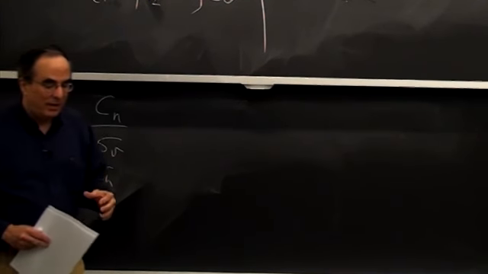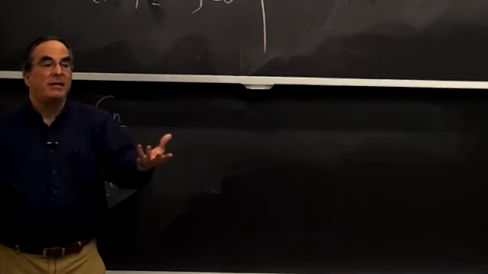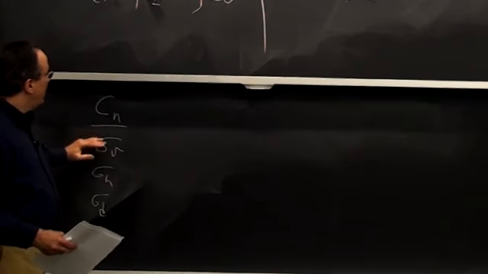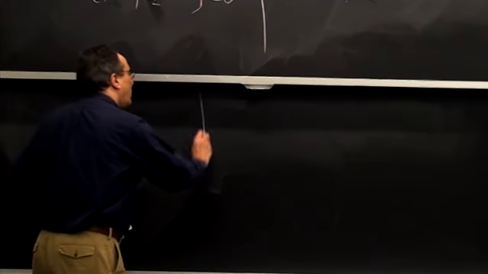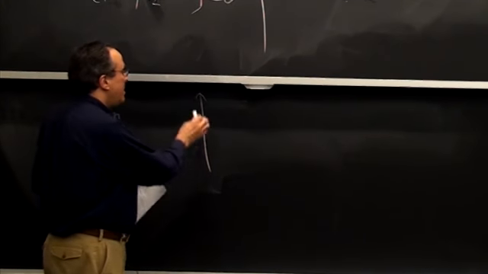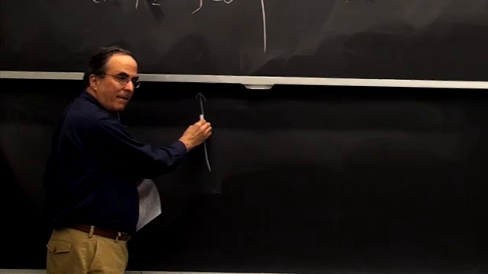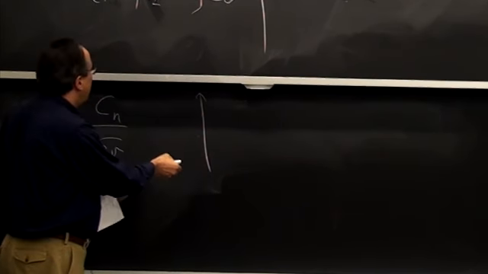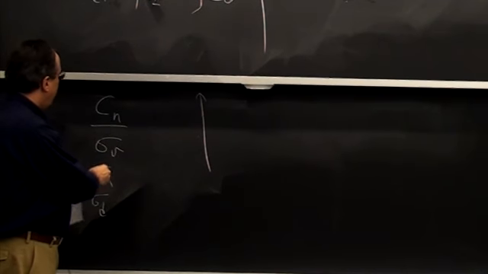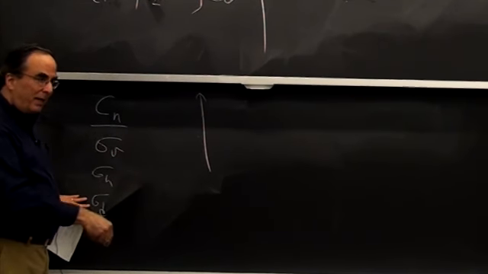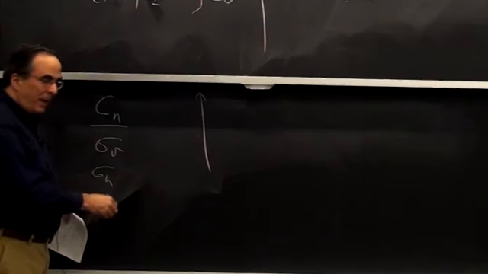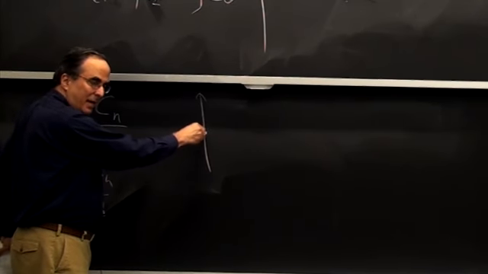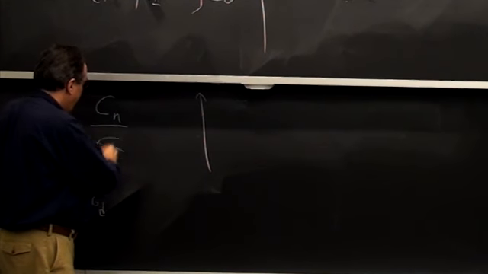Benzene has a C6 rotation. And so sigma V, we always draw the rotation axis like this, and sigma V is a vertical plane. Sigma H is a horizontal plane. And sigma D is a vertical plane which bisects perpendicular C2 axes. So we have those things.